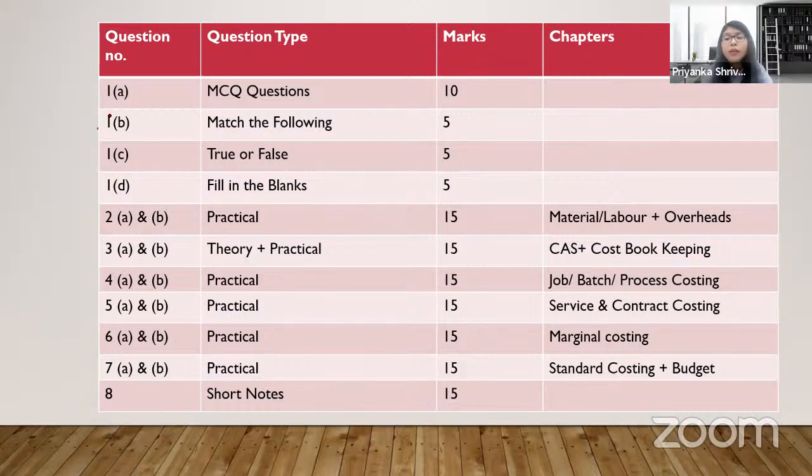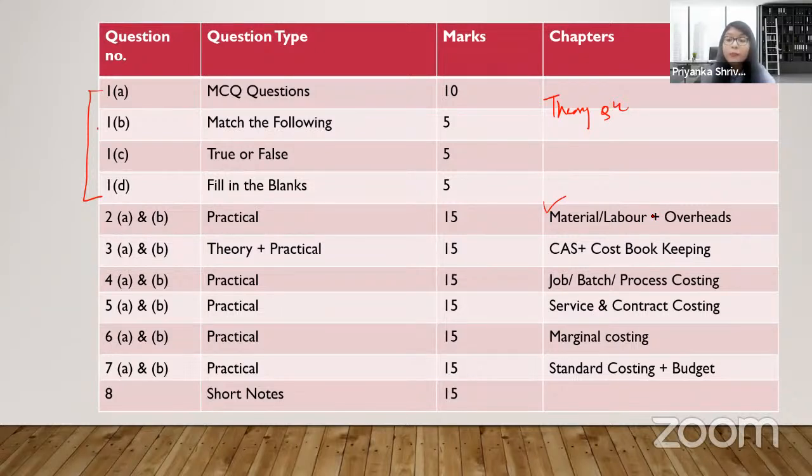Okay, so in the previous pattern, for question numbers 1A to 1D, you will mostly get theory questions from cost accounting standards, cost bookkeeping, and introduction to cost accounting. Coming to question number 2A, B, you will get questions from material, labor plus overheads, that is your elements of cost.